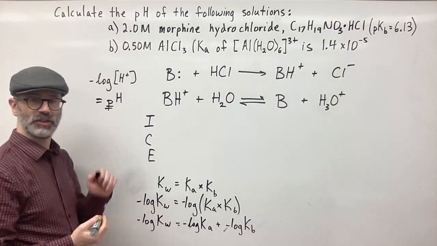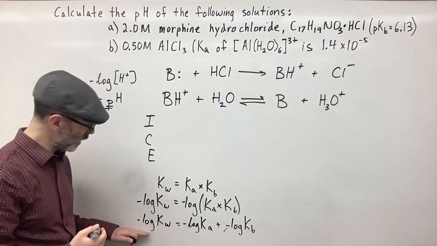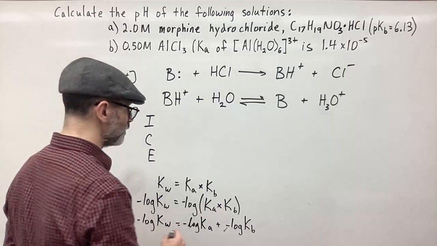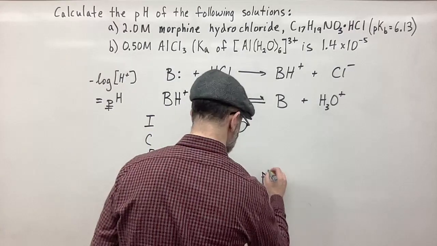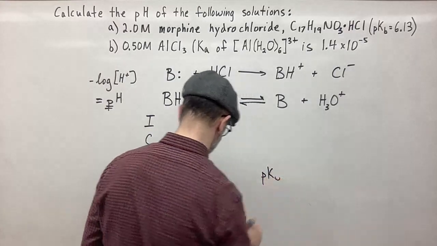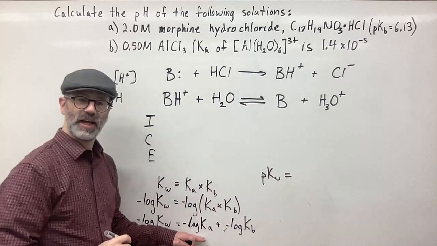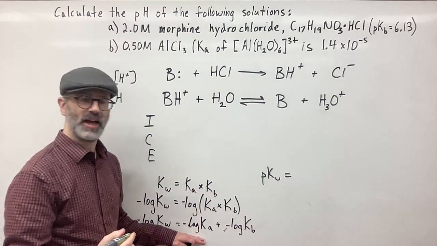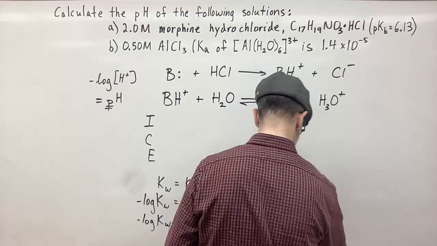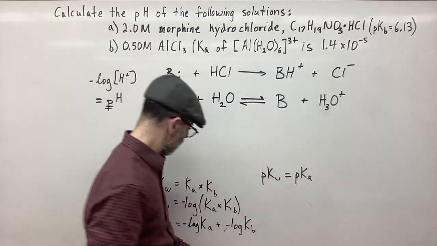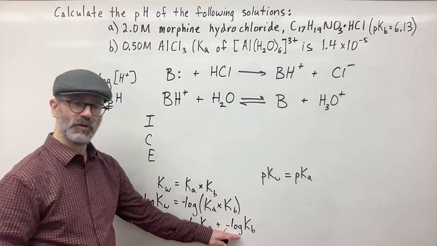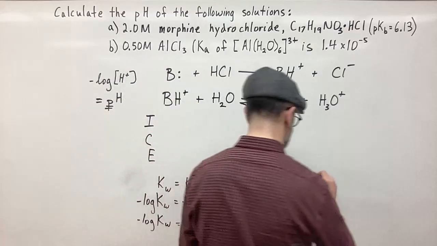Here, if you take the negative log of Kw, that's going to be pKw. And that's going to be equal to the negative log of Ka, which is pKa, plus the negative log of Kb, which is pKb.